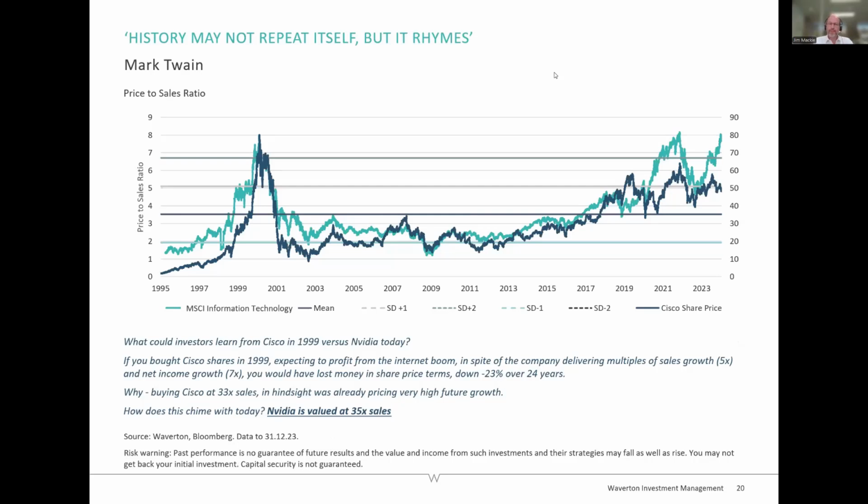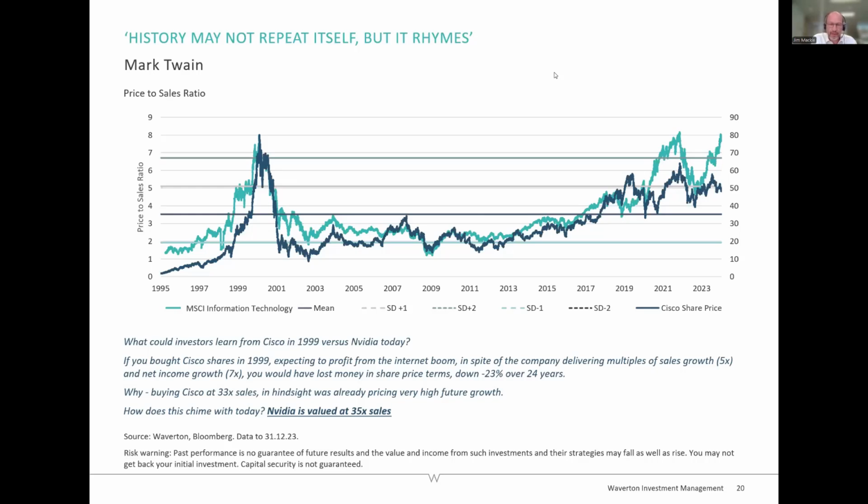Just something that also struck us was what happens if you get it wrong and you do own stocks at the top of the market. As I was saying earlier, passive investors will just buy stocks regardless, and they will sell stocks regardless. And this is a chart of Cisco back in '99.